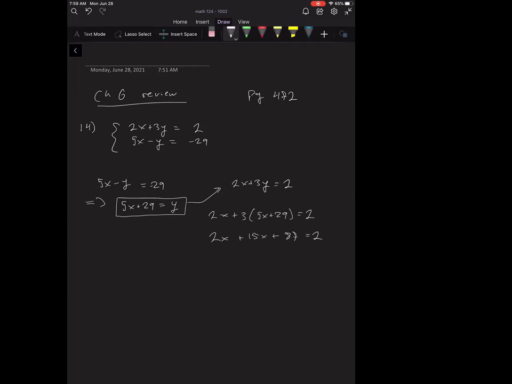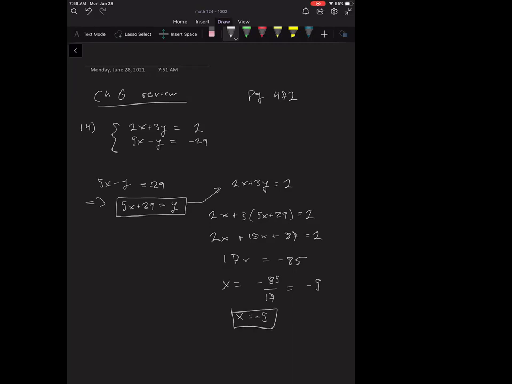So then we have 17x is equal to, subtracting the 87 over, minus 85. Hopefully 85 divides by 17 well. Yeah, so we divide the 17 over. So x is equal to minus 85 over 17, and that's equal to minus 5. So we have x is equal to minus 5.